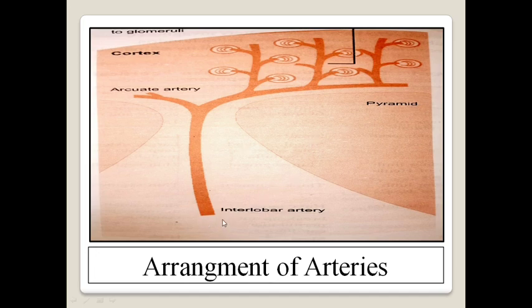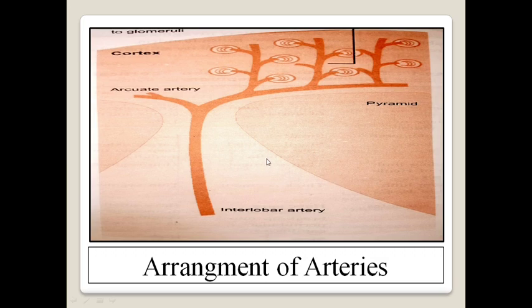So this is the interlobar artery that is present in the pyramid of the kidney. This interlobar artery ascends into the renal column. The renal columns are part of the cortex. So the interlobar artery means the artery that is present between the two lobes of the kidney. And what are the lobes? A lobe is nothing but this pyramid, the medullary part of the pyramid, and the covering of this pyramid is called one lobe of the kidney.